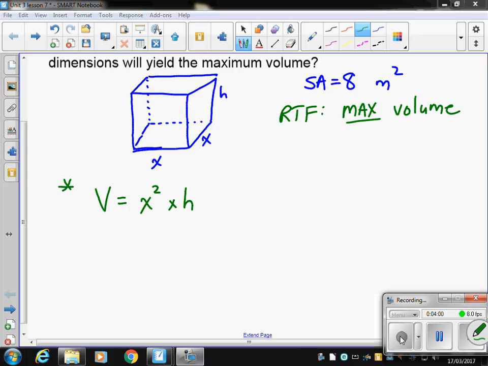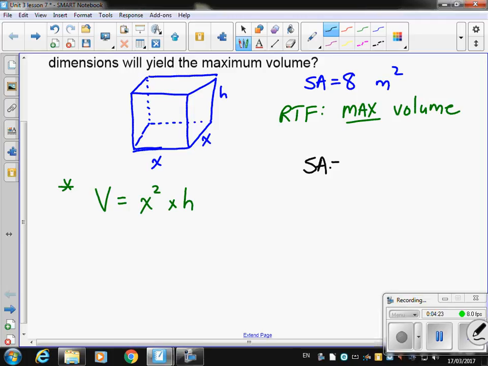My problem with that is I have two variables. And if I want to find the derivative and the endpoints, I want a function with one variable. So I'm going to work off to the side here and say, golly, the constraint that I have is that the surface area is 8. So that will allow me to express one variable in terms of the other.